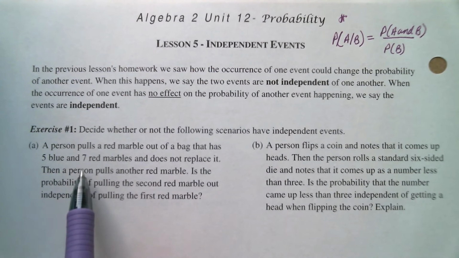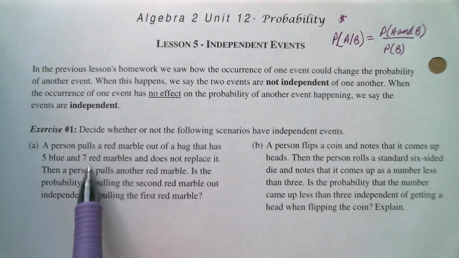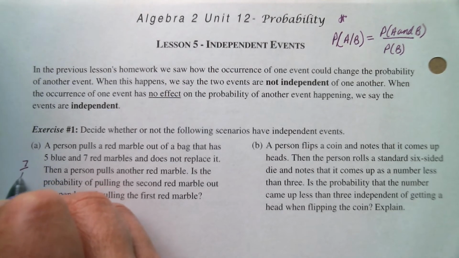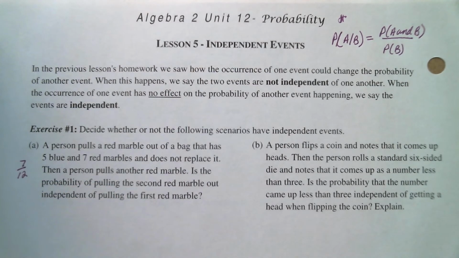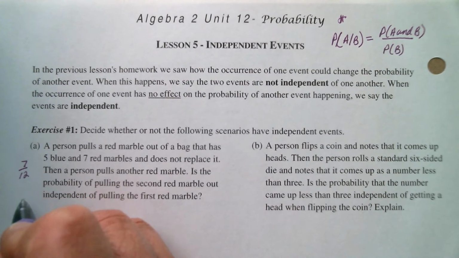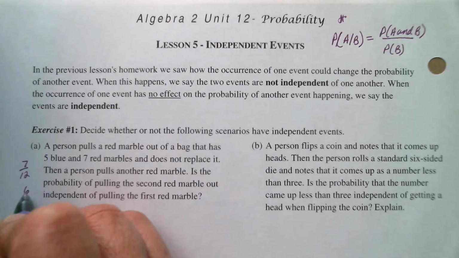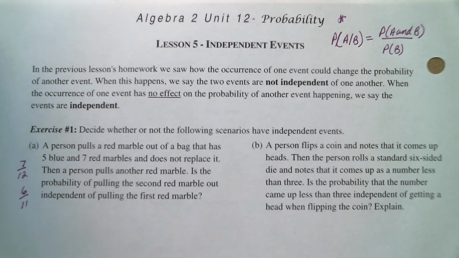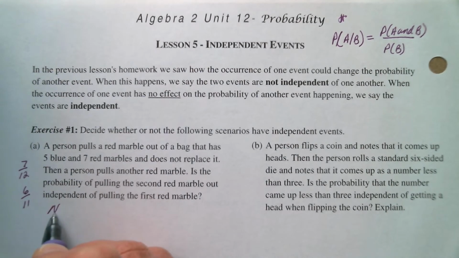Well, the probability of the first one being red would be 7 out of 12 because there's 12 marbles total, and that first red marble is not replaced, so that changes the outcome for the second red marble. Because now there's one less red marble. For the second red, there are 6 red marbles out of now 11 marbles. So our answer is no.